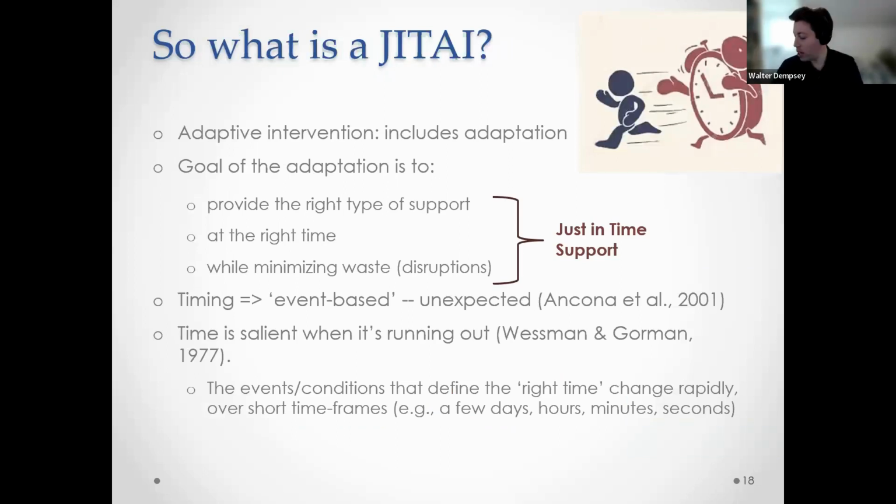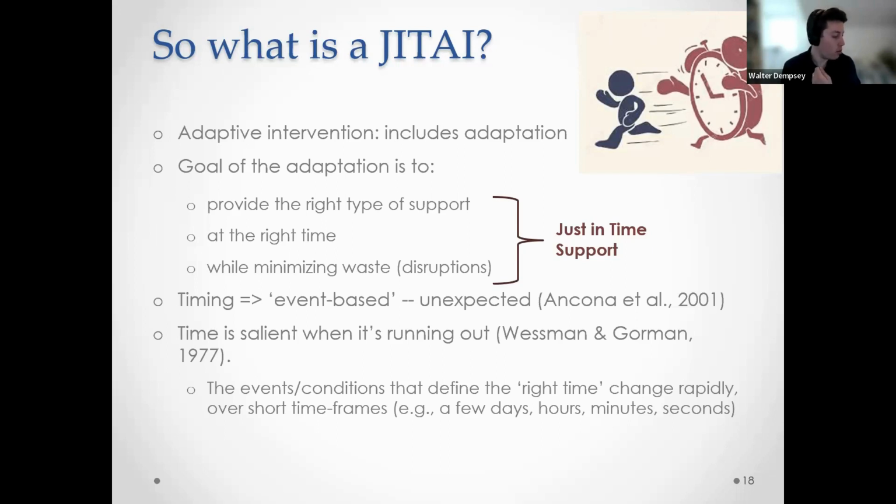So what is a JEDI? A JEDI is an adaptive intervention. It still is. It includes adaptation, but the goal is to provide what's called just-in-time support. Provide the right type of support at the right time while minimizing disruptions. And the idea here is timing is event-based. It's unexpected, meaning you can think about craving.